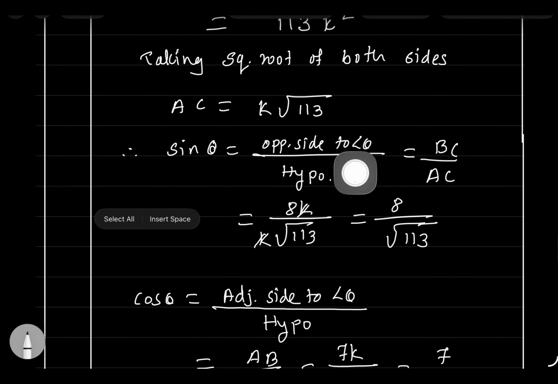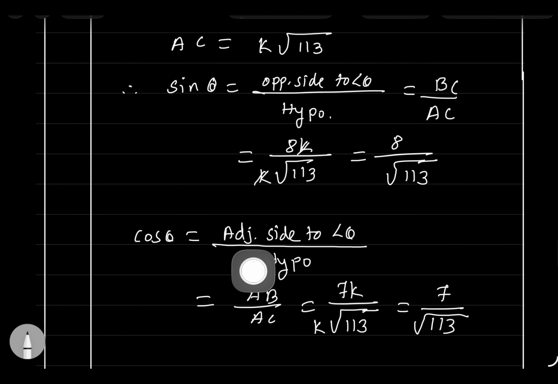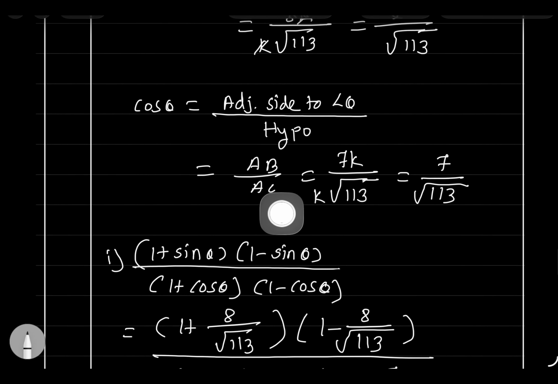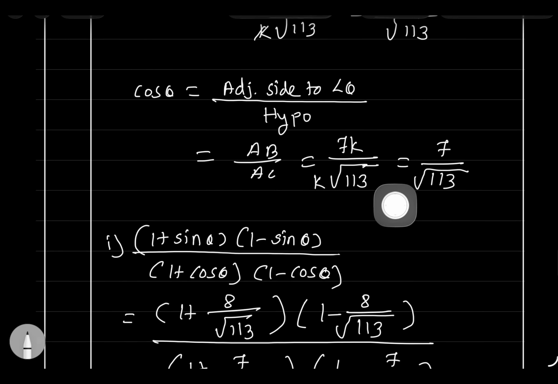Sin theta is the opposite side to angle theta upon the hypotenuse, so BC upon AC, that is 8K upon K root 113. K upon K gives one, so sin theta is 8 upon root 113. Cos theta is the adjacent side to angle theta upon the hypotenuse, so AB upon AC equals 7K upon K root 113, which is 7 upon root 113.